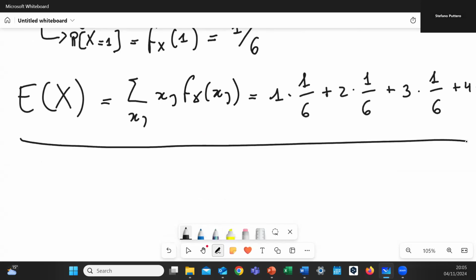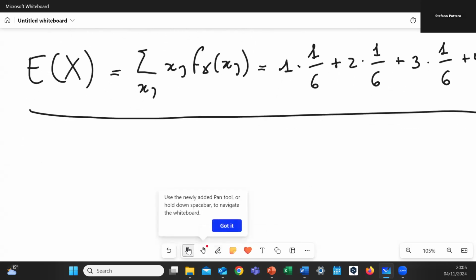Okay, so we are dealing with a discrete random variable. We want to calculate the variance.